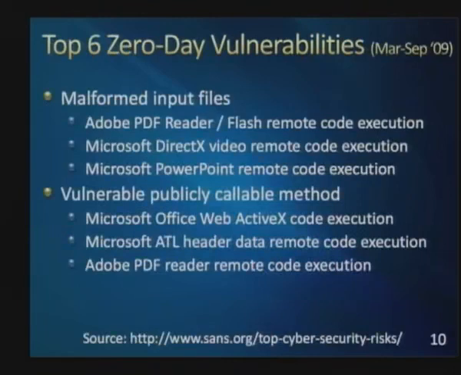And these cause serious problems. Here's another list from the SANS Institute that shows the top 6 zero-day vulnerabilities for a 6-month period back in 2009, according to their classification. Yes. So you're focusing on Java, so doesn't Java protect against buffer overflows? So that is the one we got.